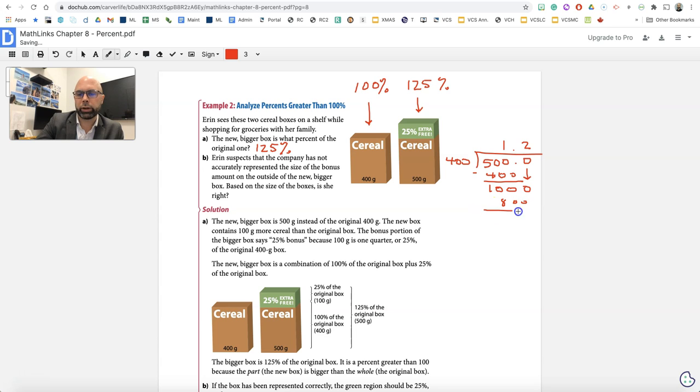You can see where this is going, right? 200. And then we'll bring down another 0. 2000. The answer is correct, 1.25. So this equals this, right? 1.25 and 125% are the same thing.